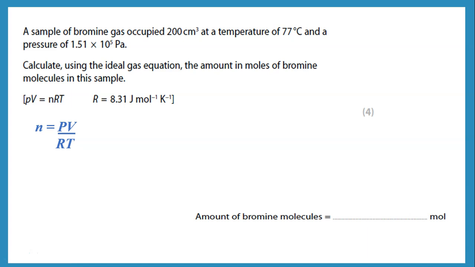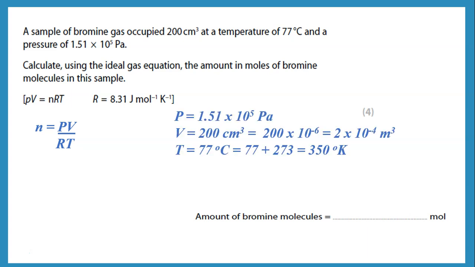Number of moles is PV over RT. Again, please remember the units. The pressure should be in Pascal, but the volume should be in meter cubed. We are given centimeter cubed. So if we have the volume in centimeter cubed, I have to multiply by 10 to the minus 6 or divide by 10 to the 6 in order to change it into meter cubed.